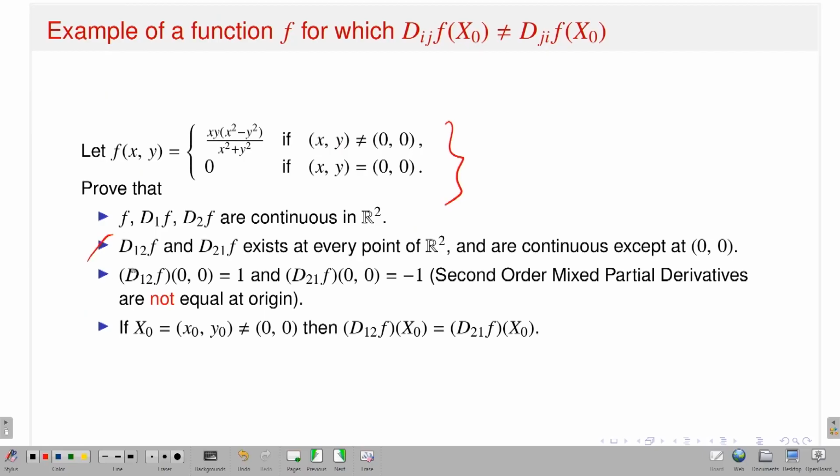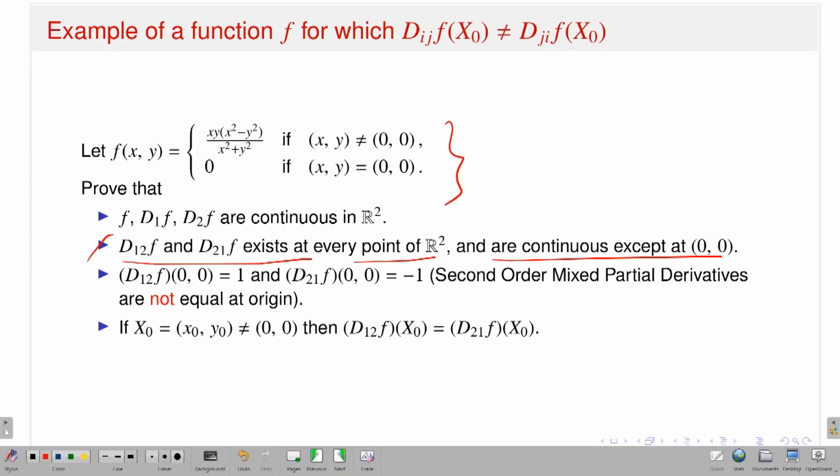So the first observation is that the mixed partial derivatives exist at every point of R2. However, they are not continuous at the point (0, 0), but continuous elsewhere. Since they are not continuous at (0, 0), I do not know whether the values of the mixed partial derivatives at (0, 0) are equal or not.